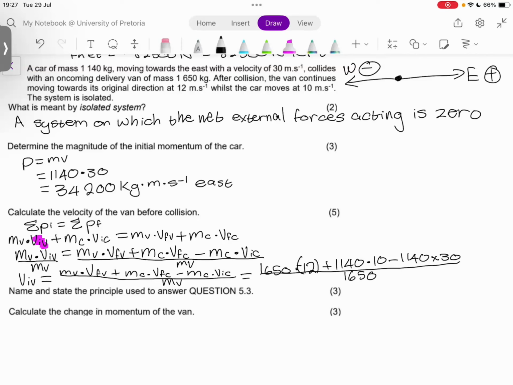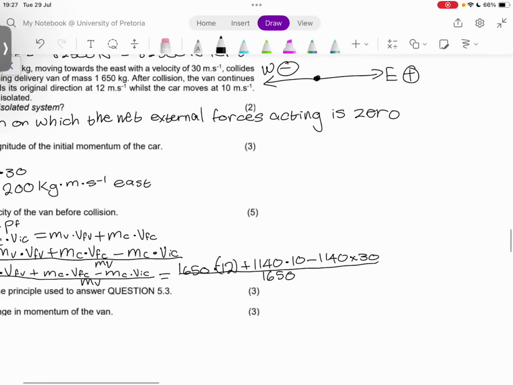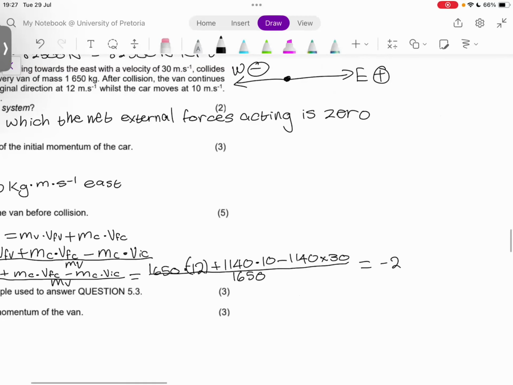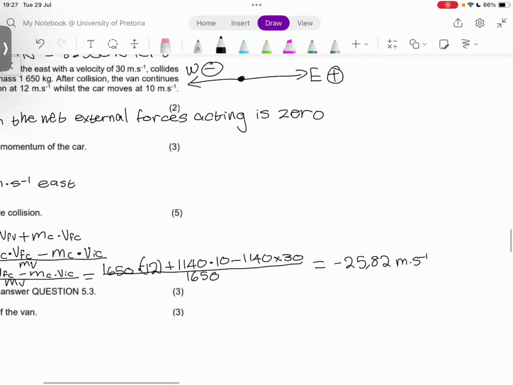If I solve for this, I then get this as my final answer. I get minus 25,82 meters per second, which is the same as, let me actually write it underneath, 25,82 meters per second west.